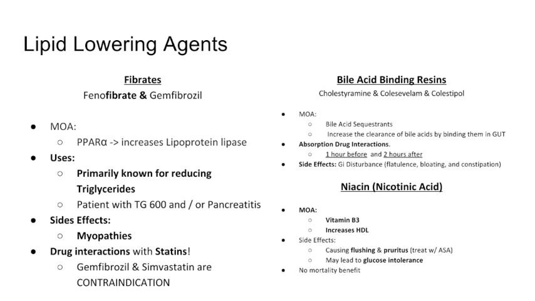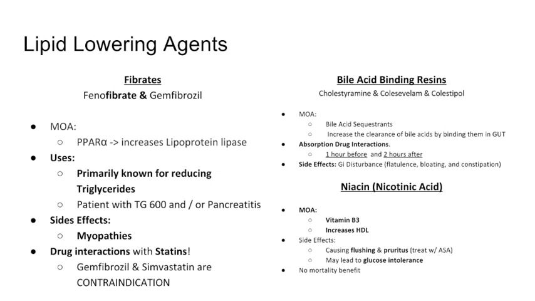First and foremost, what we just talked about, the fibrates. These are fenofibrate and gemfibrozil. So these are PPAR alpha agonists, which downstream effects lead to increasing lipoprotein lipase, as we said before, which will help break down our VLDL and our LDL into free fatty acid.